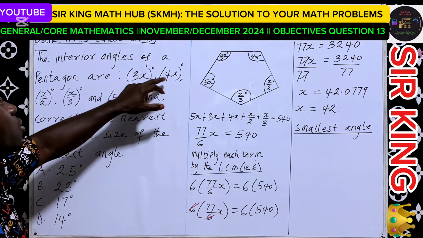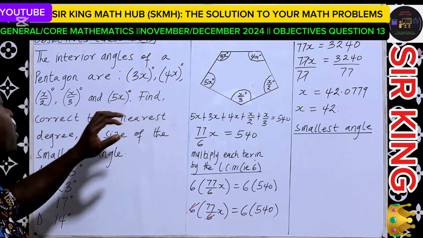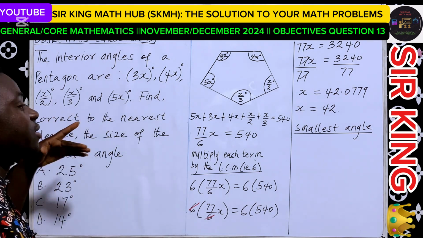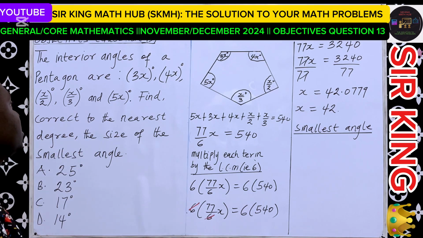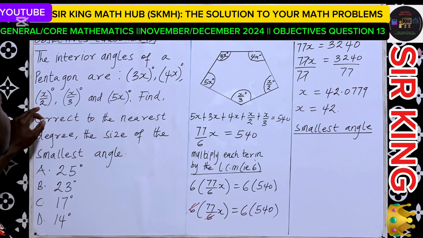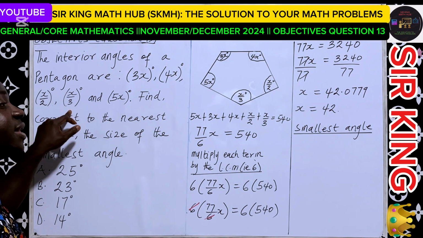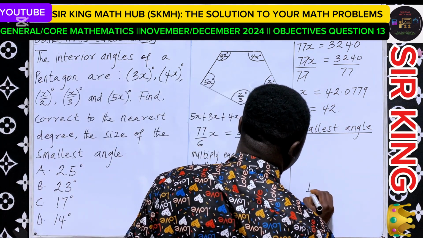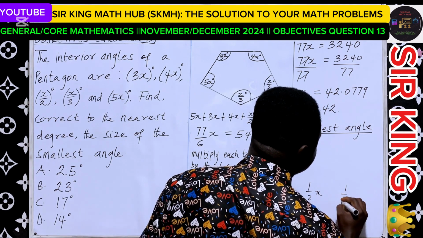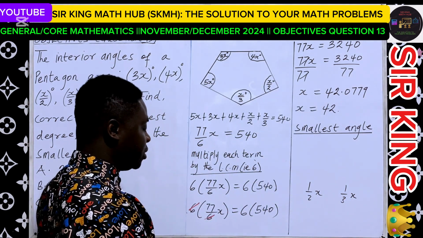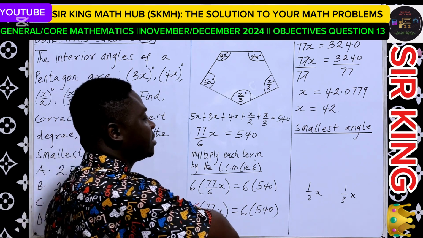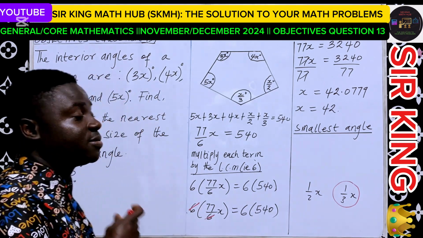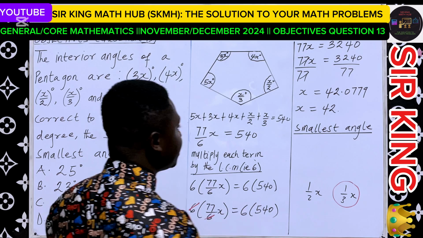Obviously, the fractions will give us the smallest measure of the angle, but x on 2 and x on 3, which of them is the least? Half x and then 1/3 x. It is clear that 1/3 x is the smallest expression, so that will give us the smallest angle.